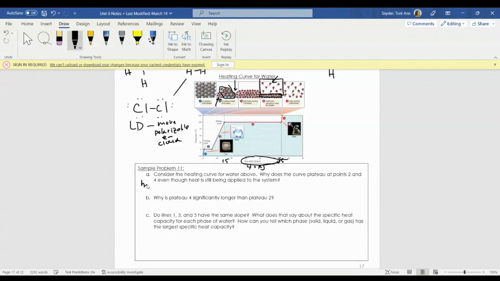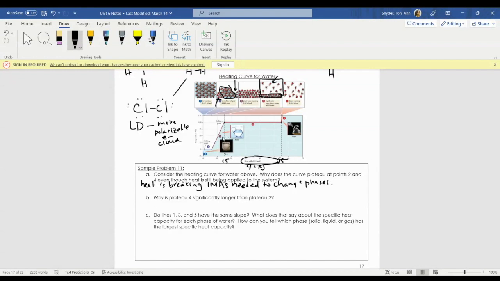So that heat is breaking some intermolecular forces, some IMFs that are needed to change phases. So it's going towards breaking all those intermolecular forces. It's not going towards raising the temperature or raising the kinetic energy. We have to break all or some of the intermolecular forces during a phase change.